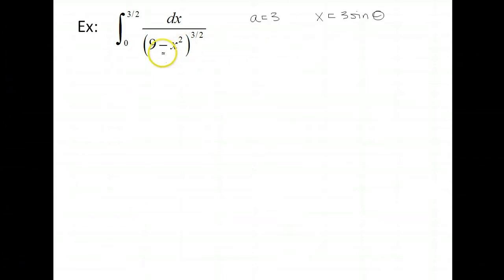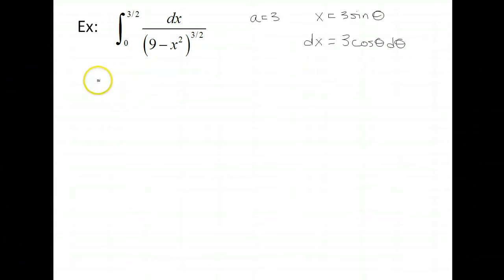If x is equal to 3 sine theta, then remember we're going to be able to transform the x's that appear in this definite integral into their equivalents in terms of theta. We'll also have to change the limits of integration here. If x is equal to 3 sine theta, then what is dx equal to? The derivative of 3 sine theta, which is 3 cosine theta, d theta.